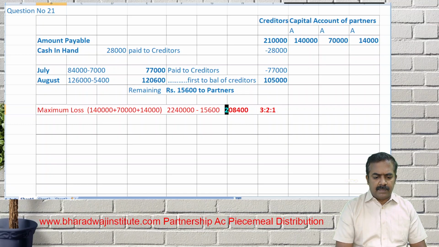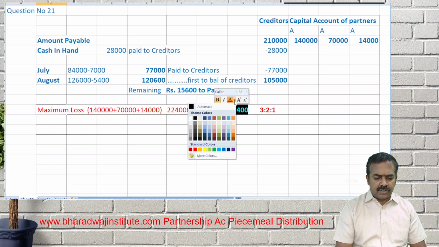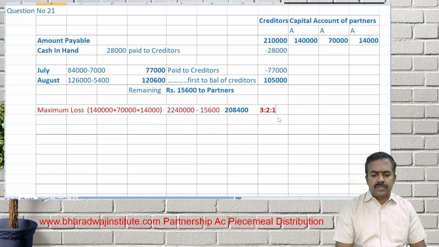So share the maximum loss. This is the maximum loss to be shared amongst the partners in 3:2:1 ratio.